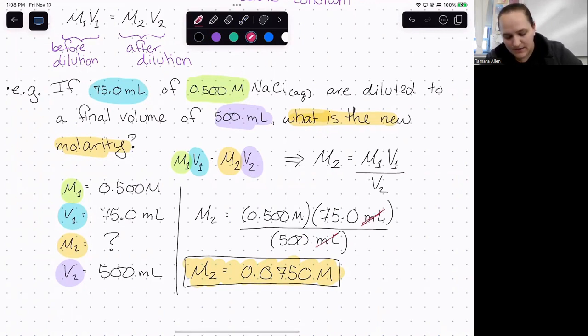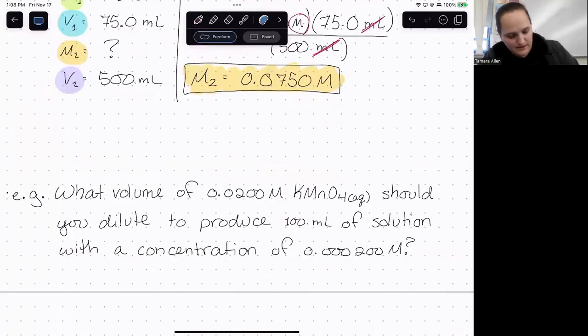This volume is going to cancel this volume, so as long as they're both in milliliters or both in liters, heck, they could both be in gallons or fluid ounces, it literally doesn't matter as long as both of your volume units are the same. So in this case, our milliliters canceled out, left us in units of molarity, which is exactly what we were solving for.